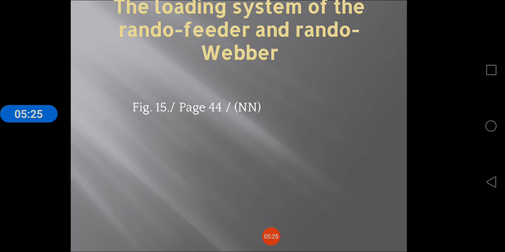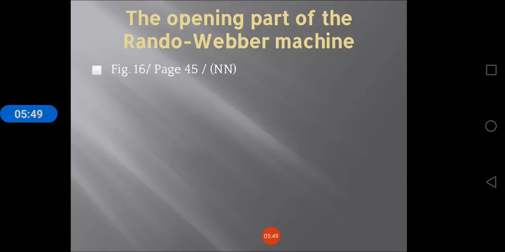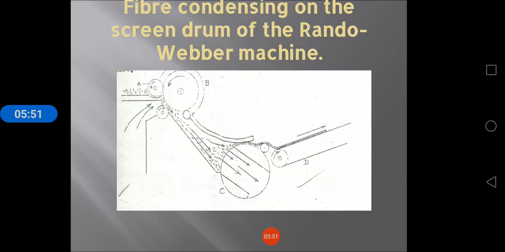This is the web formation Rando machine. Then there are conveyor belts and an inclined lattice, which is a feeding stock, and this is the pneumatic part. By the air only, the fibers are forming. After that they travel along these conveyor belts, the fibers form the web, and it enters the take-up rollers. Fiber condensing on the screen drum of the Rando Webber machine.